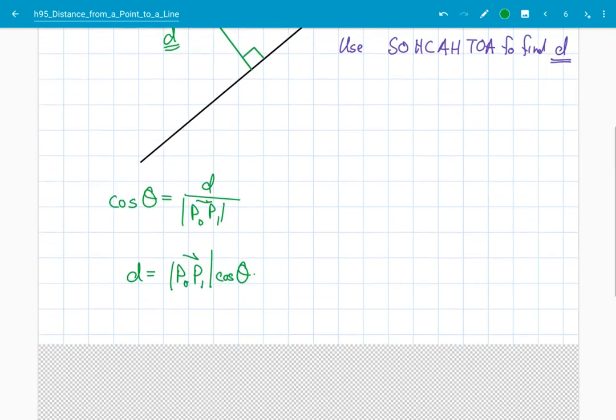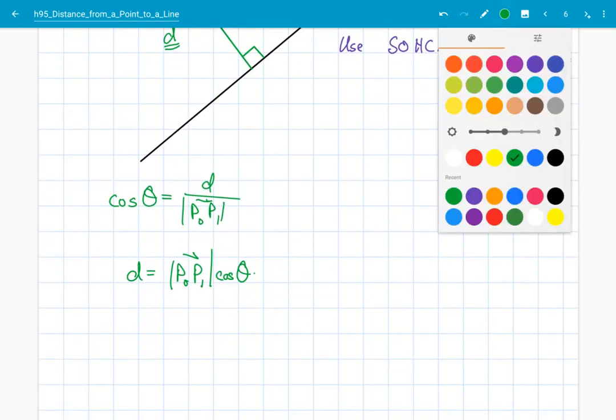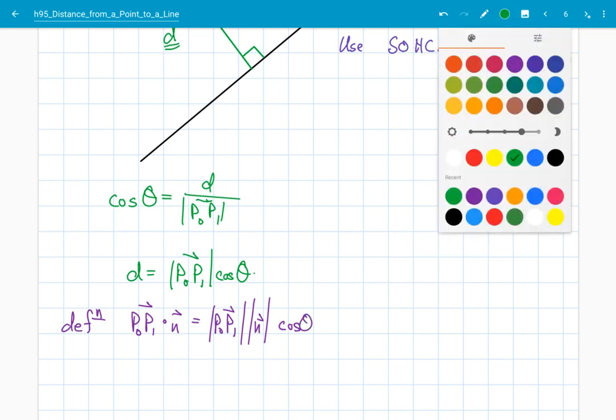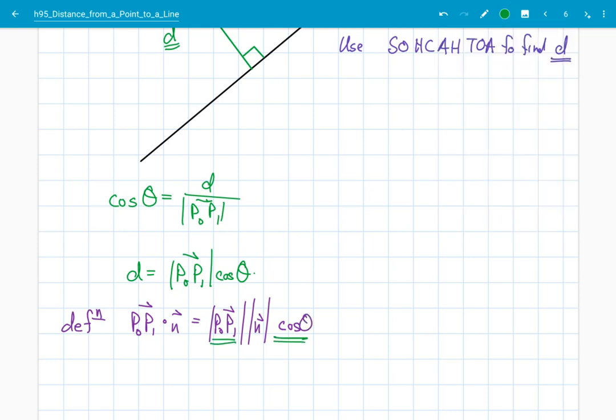Now, this should really be familiar to you because it's part of what? Well, by definition of dot product, P naught to P1 dotted with the normal is the magnitude of P naught P1 times the normal's magnitude times cos theta. And notice we have 2 parts the same, right, is what we want there.